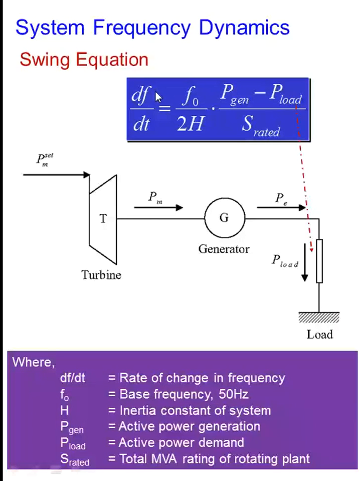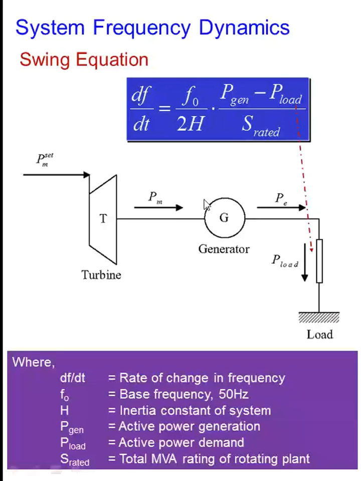df by dt. This is the most common or basic swing equation. F naught is the base frequency, which could be the nominal frequency of 50 hertz, and H is the inertia of the system, that is, the combined turbine generator unit inertia.